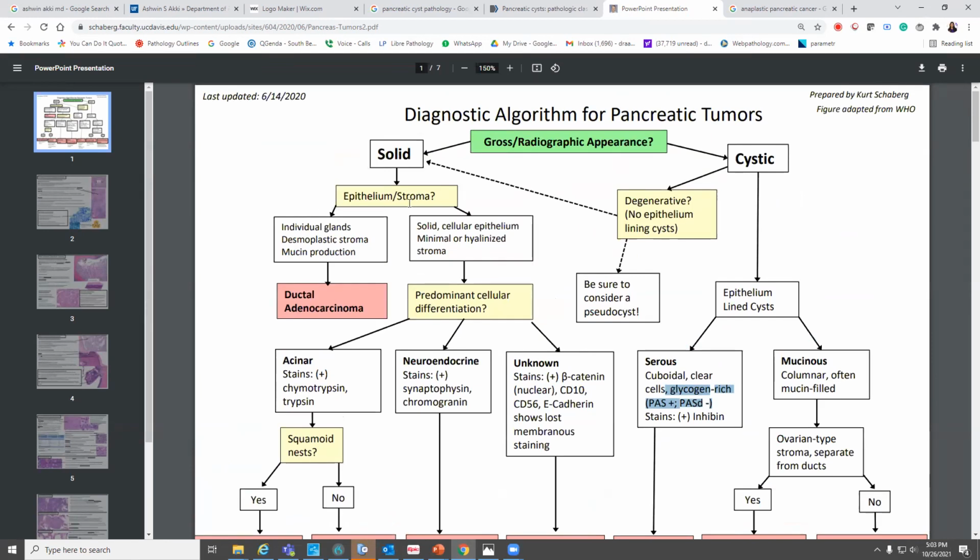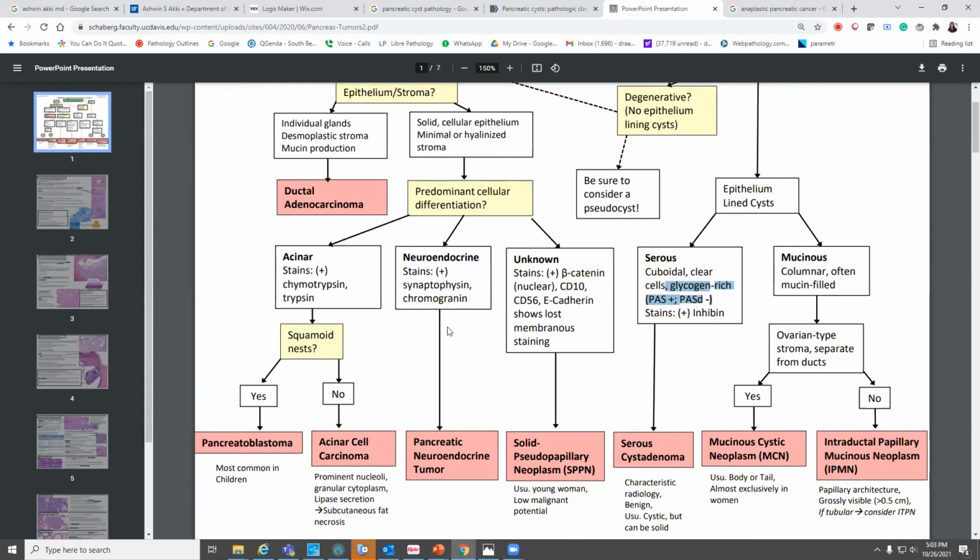And then go to the solid. Again, the epithelium and stroma. If there is a desmoplastic stroma with individual glands, it is ductal, and if there is minimal hyalinized stroma, then see the cellular differentiation. If it is neuroendocrine, then synaptophysin and chromogranin. If acinar, then zymogen granules, and chymotrypsin and trypsin will be positive.